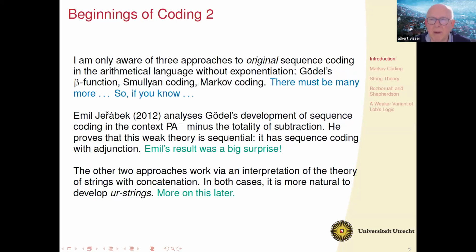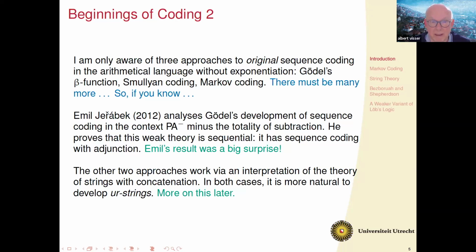So how do we do original sequence coding? My guess is that there's an infinity of different ways of doing that, but I'm only really aware of three. There's Gödel's beta function. Then we have the Smullyan coding, which uses something analogous to number systems, and then we have the Markov coding.